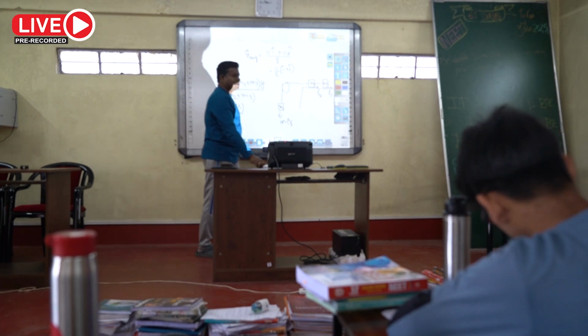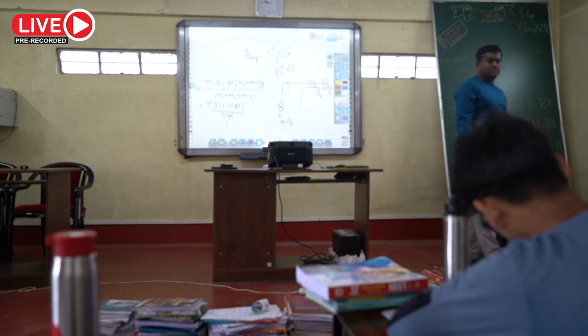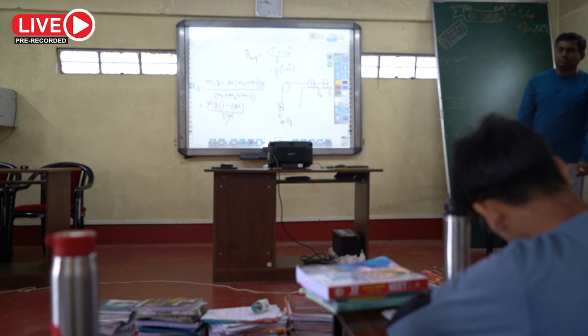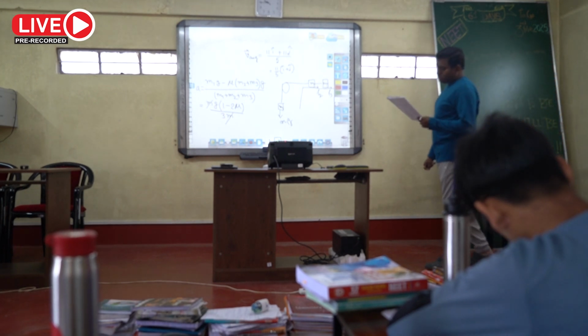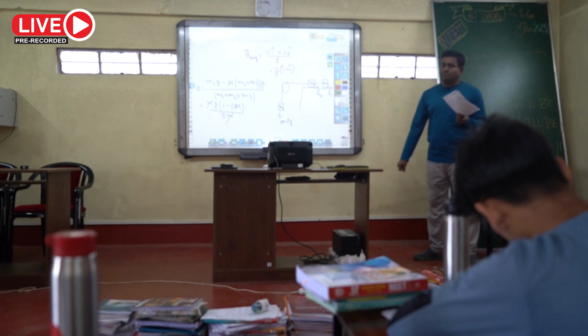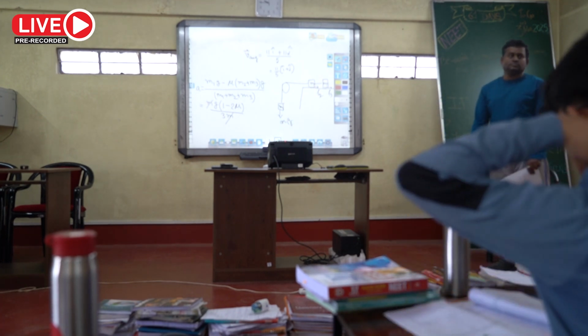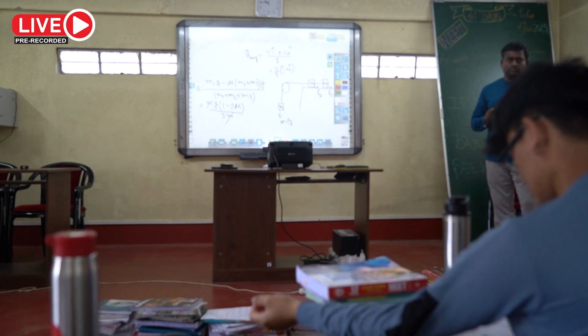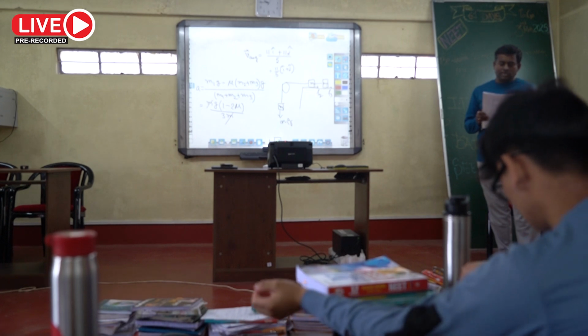So this is the answer: g into (1 minus 2 mu) by 3, because m1, m2, m3 are all given equal to m. So option 3 is correct.